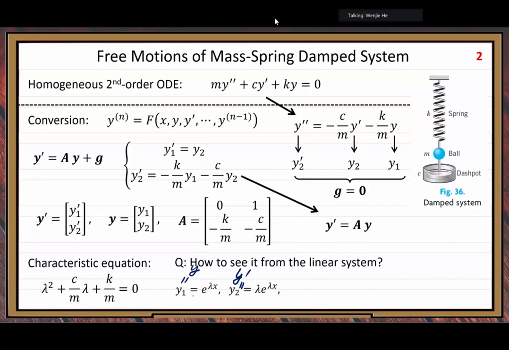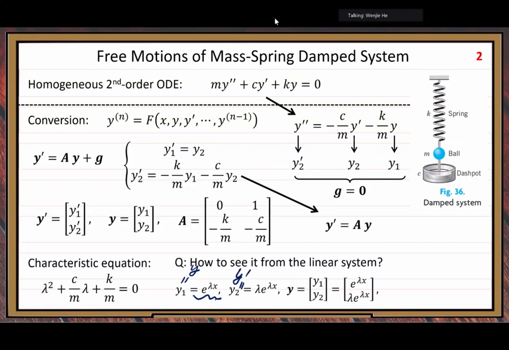So Y2 should be the derivative of this function. By the chain rule, Y2 should take this expression, related to the special case for the characteristic equation. So we have this version.